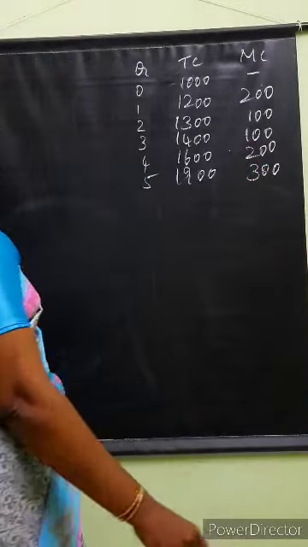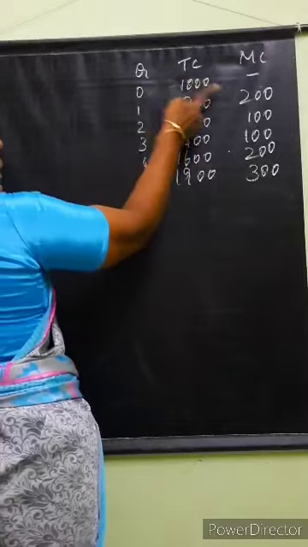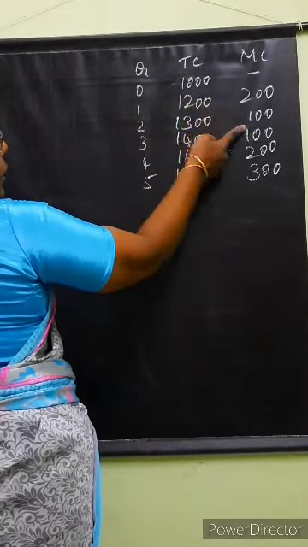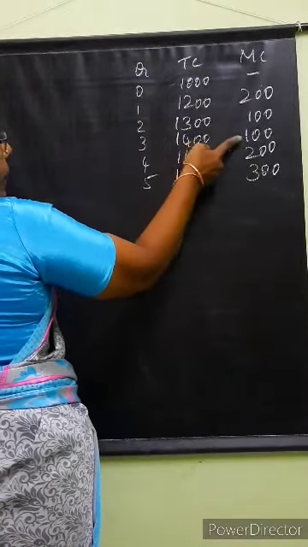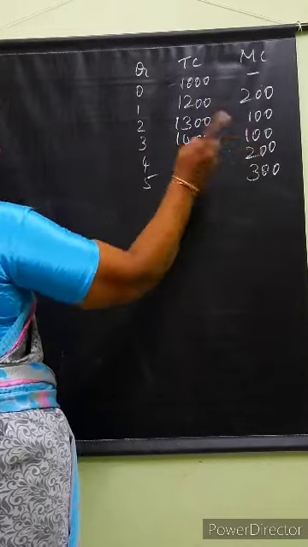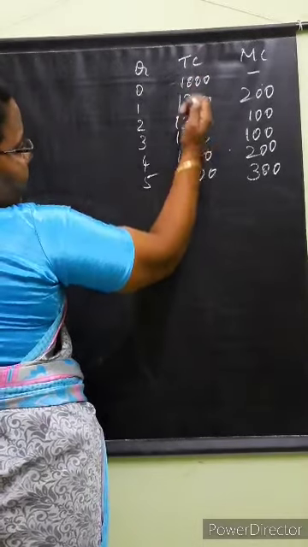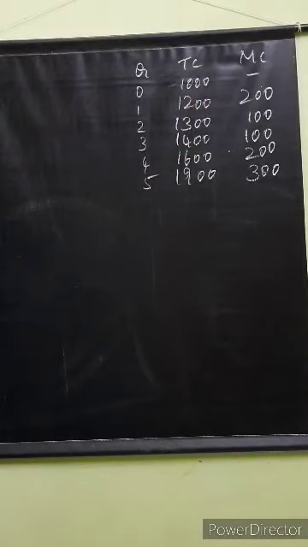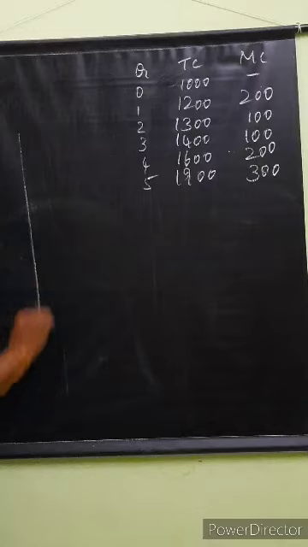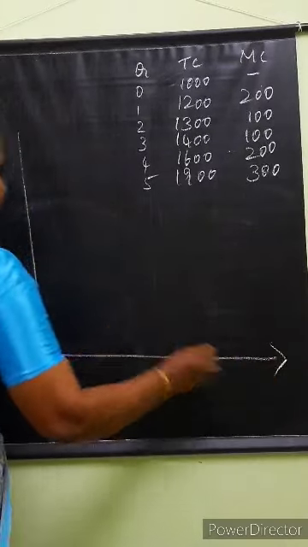Isn't it, girls? Have you remembered? 1200 minus 1000, 200. 1300 minus 1200, 100. 1400 minus 1300, 100. So this is MC. So the difference between the addition made to the stock is called marginal. Now we are going to draw the curve for the marginal.